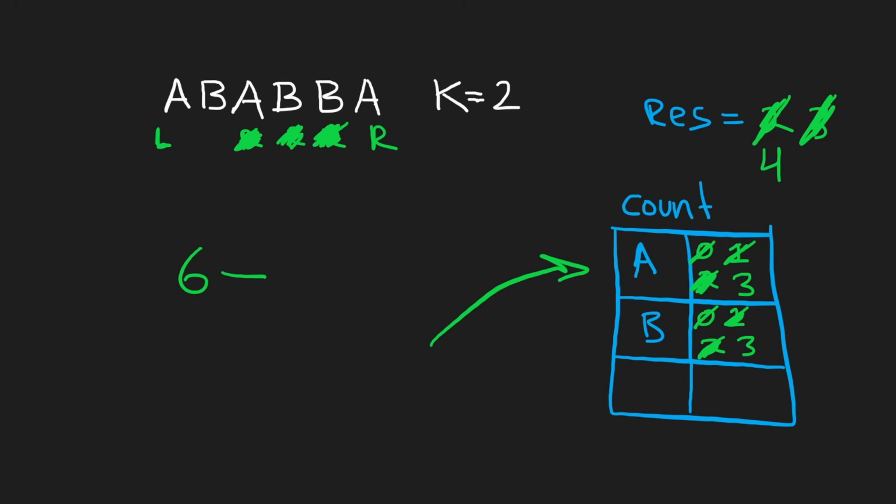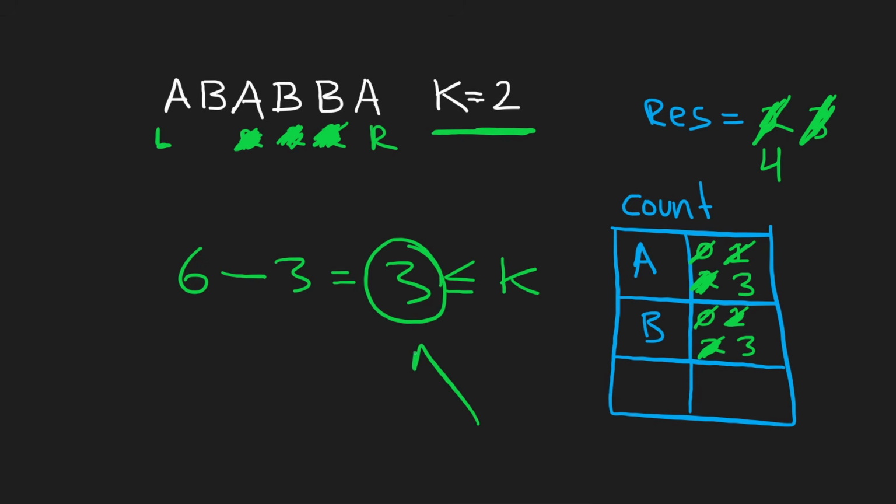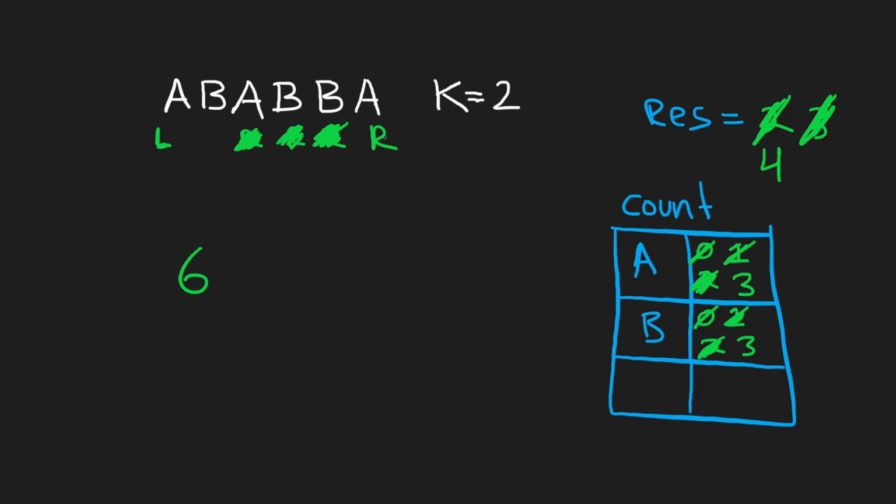It's going to be either of these, so 6 minus 3 means we need to make 3 replacements. Is that less than or equal to K? K is 2, so we exceeded K, right? We exceeded the number of replacements we're allowed to make. If we wanted this window to be valid, we have to replace 3 characters in it, but we're not allowed to do that. So what we have to do is shrink the size of our window until we are valid.